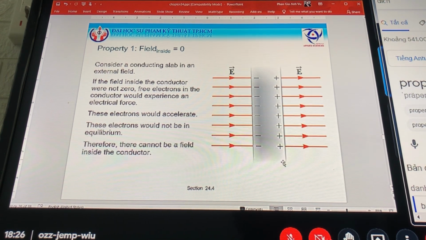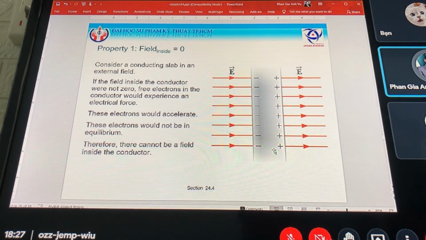So what happened to the piece of metal here? You will see that because in the metal or conductor in general, we have free charges. The free charges is the charges that can move freely inside the conductor. This is a very important and special properties of conductor.